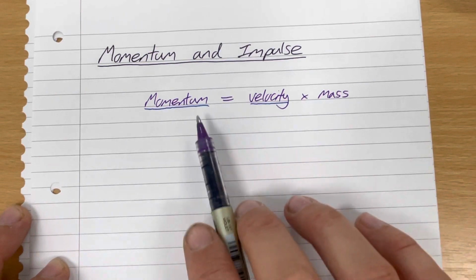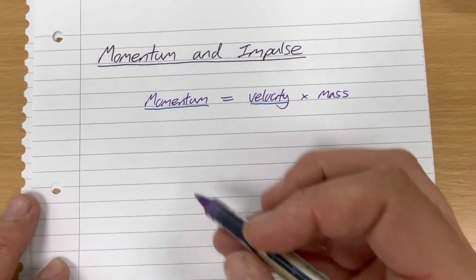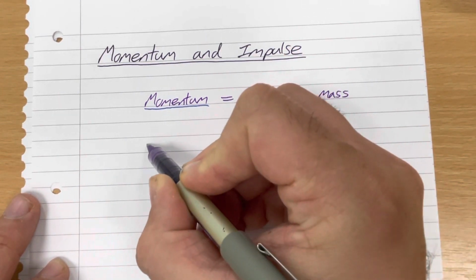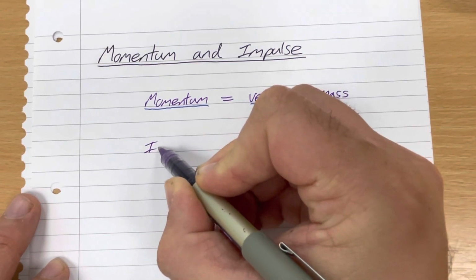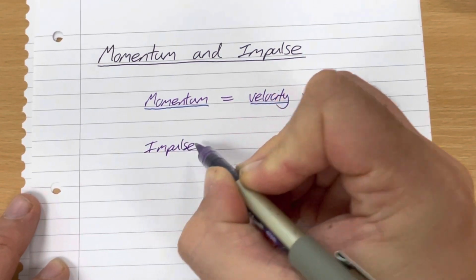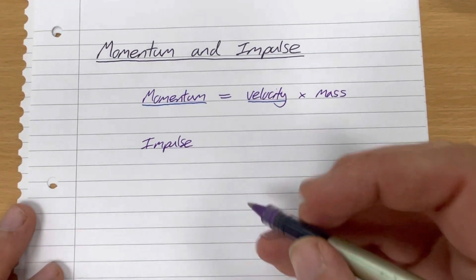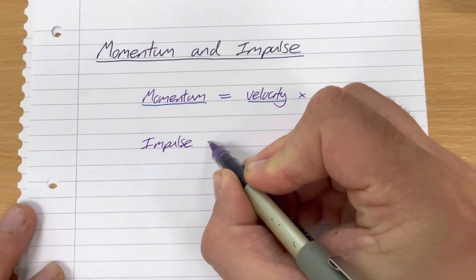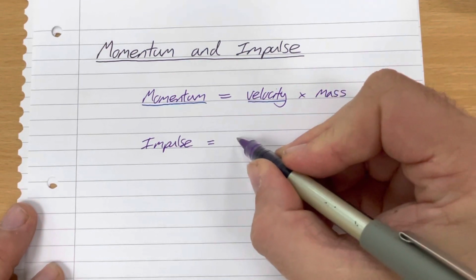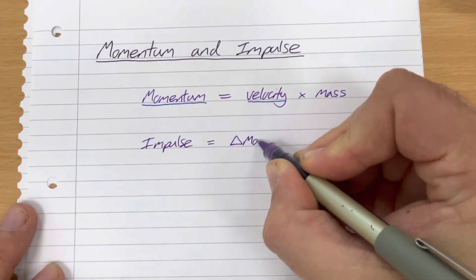Okay, so that's how momentum is defined, as velocity times mass, and the impulse has two definitions. So the impulse is something that occurs when a change in momentum happens. And definition number one is it's the change in momentum.